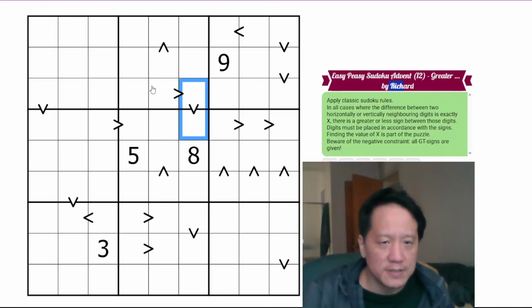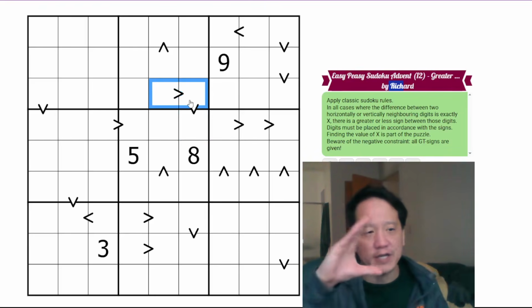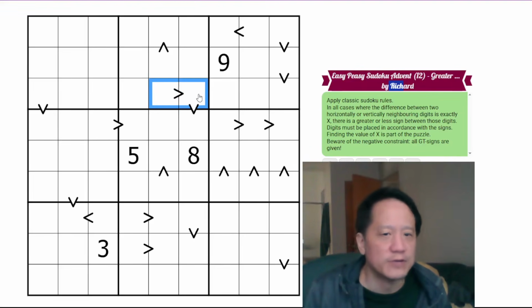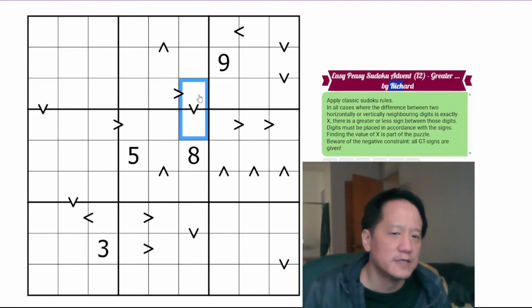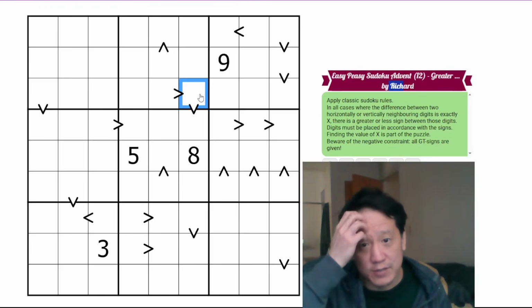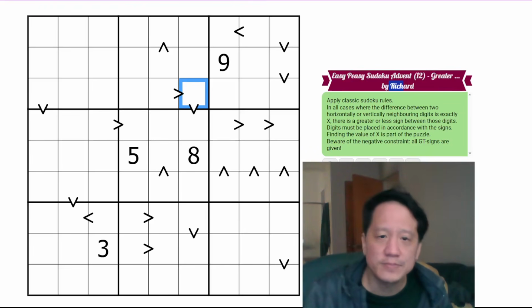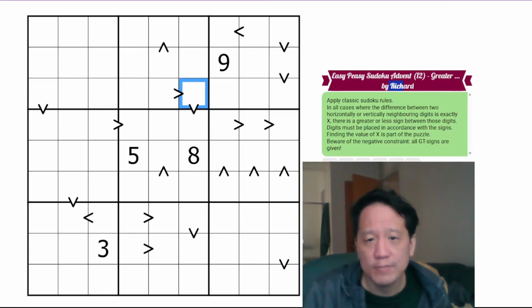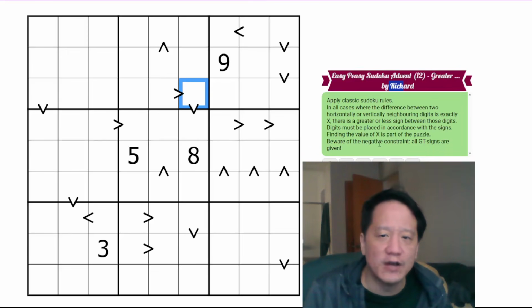So that means whatever is on the open end of a greater than or less than sign must be greater than the digit that is on the pointed end of the sign. Finding the value of x is part of the puzzle. So we don't know what the difference is between these digits.